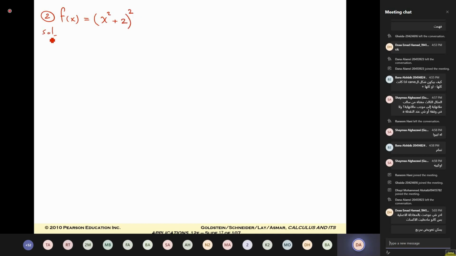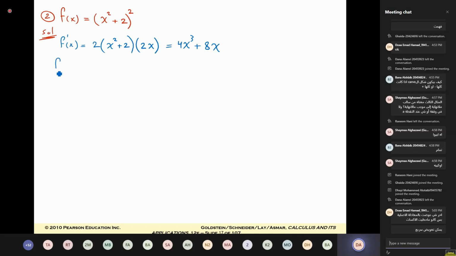The solution: find the first derivative f prime equal to x square plus 2 to the power 1 and multiply by the derivative inside the brackets equal to x. So we have here 4x to the power 3 and 8x after simplifying.